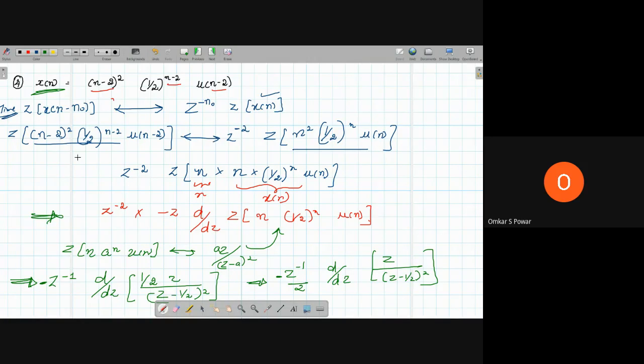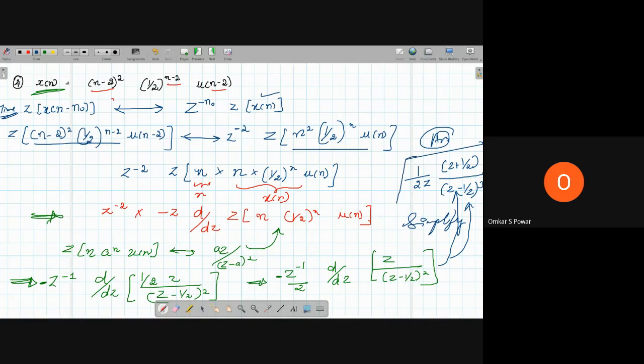You have done many differentiation properties in your PUC of fractions. So do that. You should arrive at an answer of 1 by 2z into z plus half divided by z minus 1 by z the whole cube. So this one you have to simplify to this. So this is your answer. So that is for you to do.